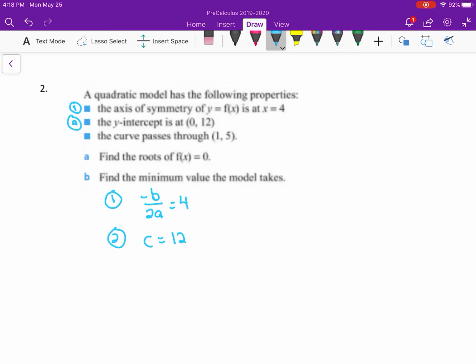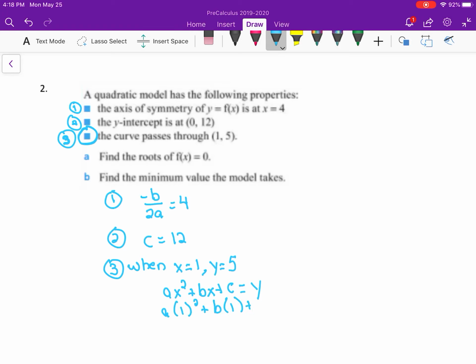We also know that the curve passes through the point 1, 5. So step 3 basically says when x equals 1, y equals 5, and if we plug that into ax squared plus bx plus c equals y, we would get a times 1 squared plus b times 1 plus c, which is 12, equals 5.